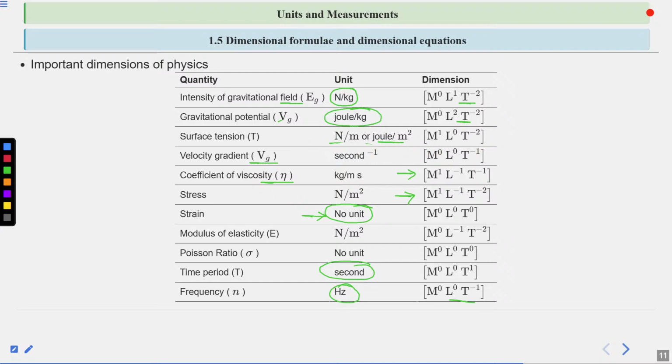If we talk about the formula, it will be dv upon dx, where dv is the change in velocity between the two fluid layers, and dx is the distance between the layers. Clear?